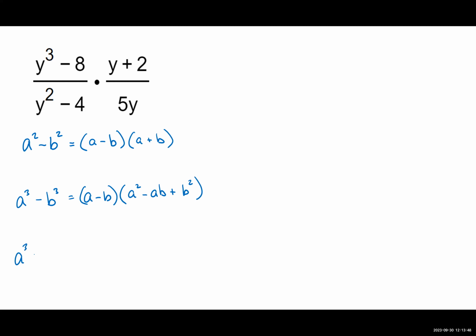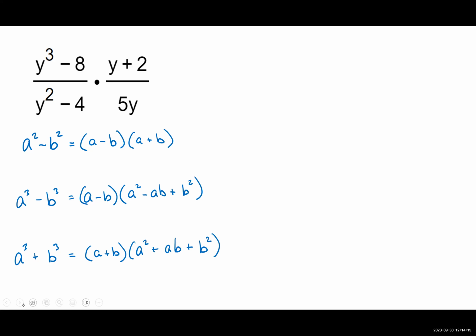If you have a perfect cube plus a perfect cube, A cubed plus B cubed, that's going to be equal to A plus B times A squared minus AB plus B squared. It's very similar to the one above it, just the signs are different.